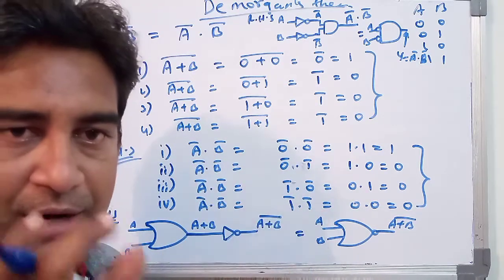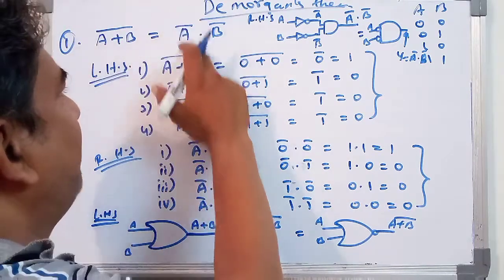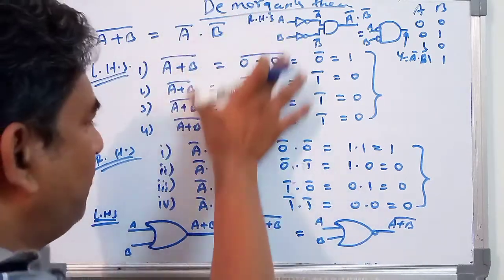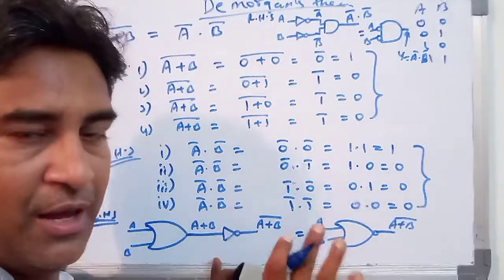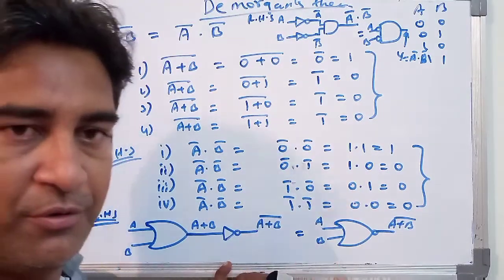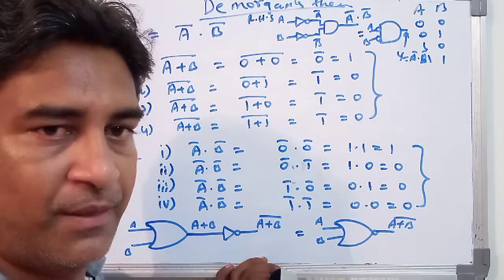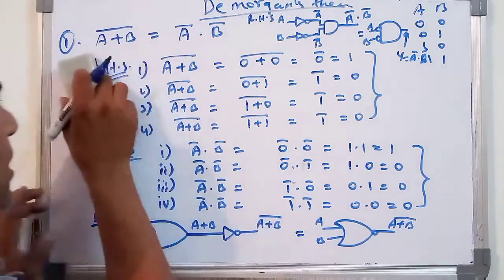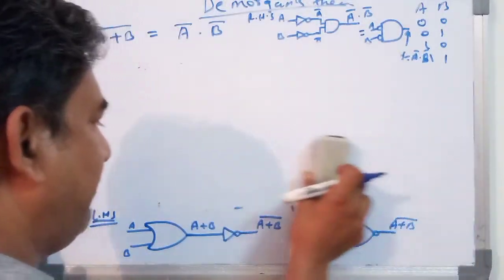Then you have to write down that A plus B whole bar is equal to A bar dot B bar. Then you have to prove it. Then you have to draw this logical diagram. After the logical diagram, you have to put this in a truth table. Okay, now how is the truth table to be formed using this format? It is again very simple.